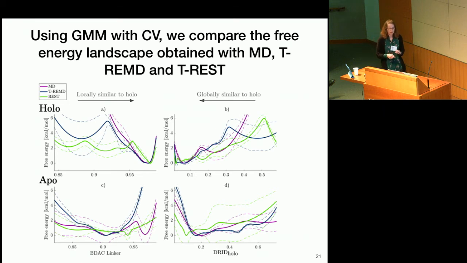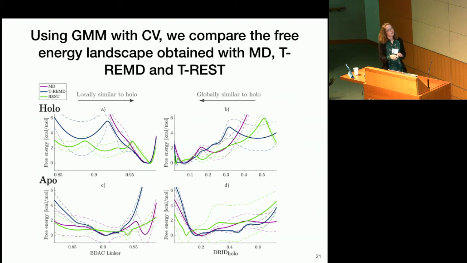So the comparison is between MD in purple, temperature-based replica exchange MD in blue, and solute tempering in green. And as you can see, in the case of no calcium bound here in the bottom, the profiles look somewhat similar.